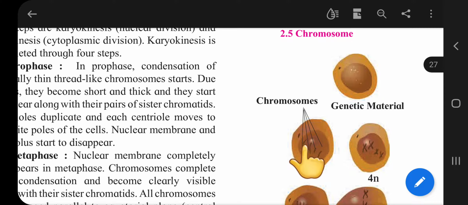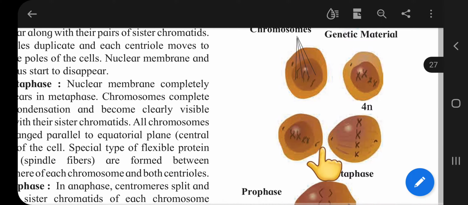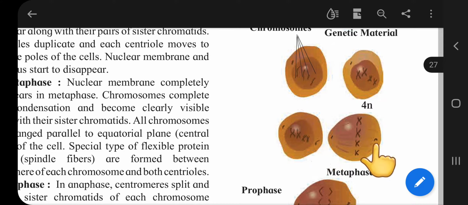Due to this, they become short and thick and start to appear with their pairs of sister chromatids, and the nuclear membrane disappears. The next stage is the metaphase. The nuclear membrane completely disappears in the metaphase.